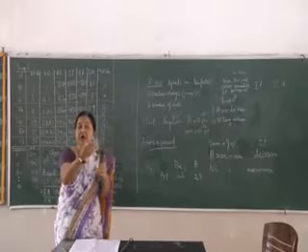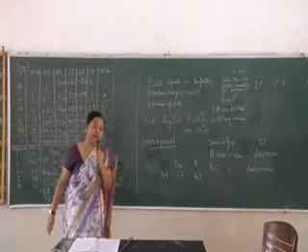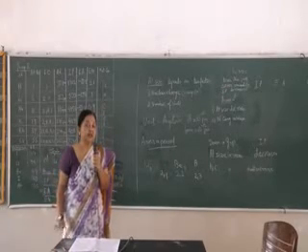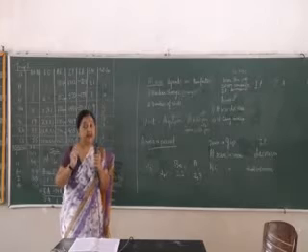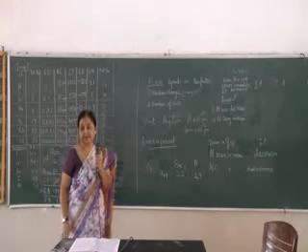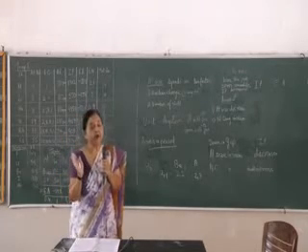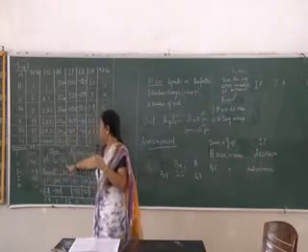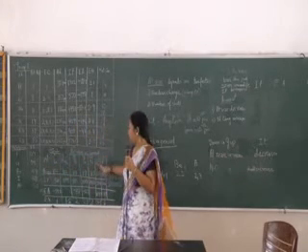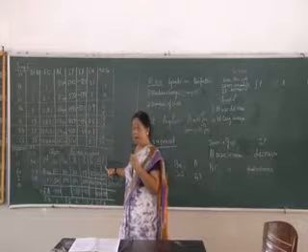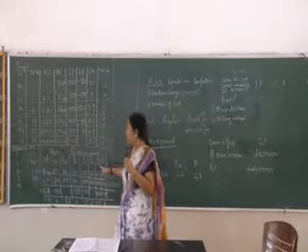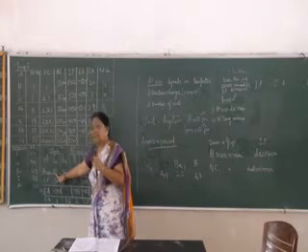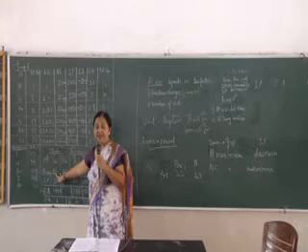It's becoming stronger to attract the electrons towards itself. As a result, we see that there is a shrinkage in size. Moving from lithium onwards, lithium, beryllium, boron, carbon, nitrogen, oxygen, fluorine, the size decreases. Why does it decrease?